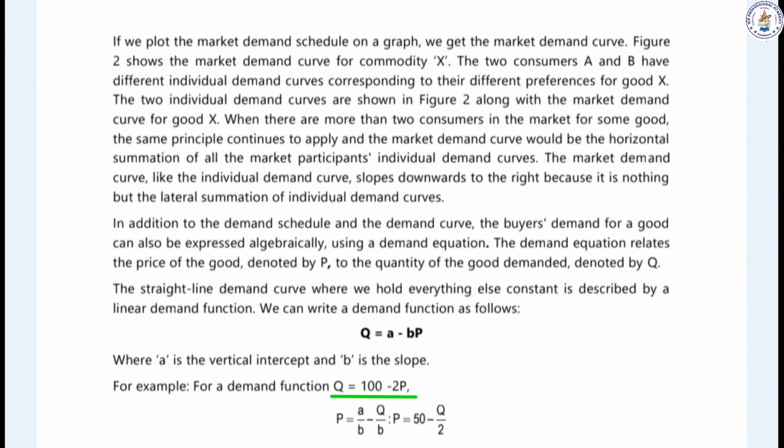Therefore, P is equal to (100 minus Q) divided by 2. That is 100 by 2 minus Q by 2. 100 by 2 is 50, and Q by 2 remains the same as it is a dependent variable. So P is 50 minus Q by 2. Hence, the price of the product is the determinant for the market demand curve also, and you can represent it in algebraic form.